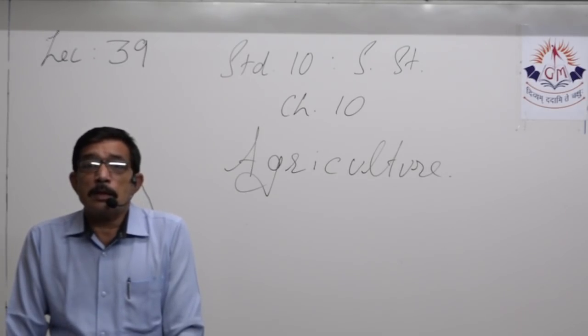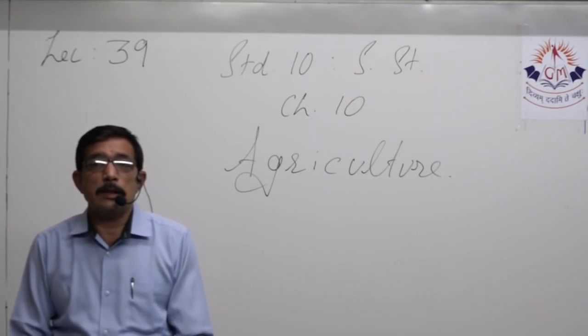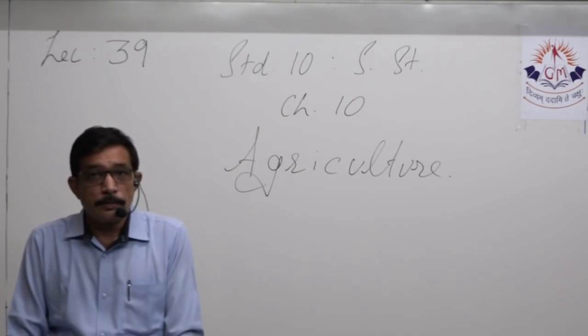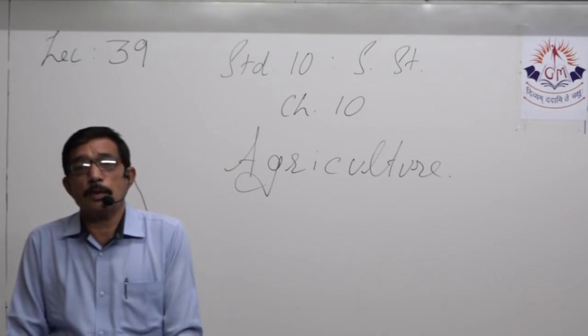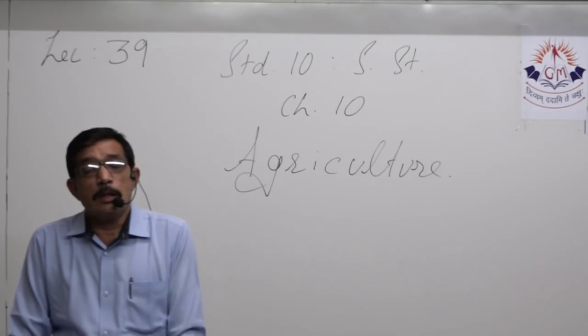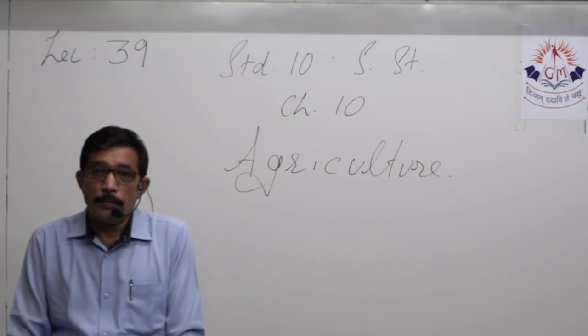Out of the gross national product, GNP, whatever we produce, out of that 100%, 22% is the share that is given by agriculture.